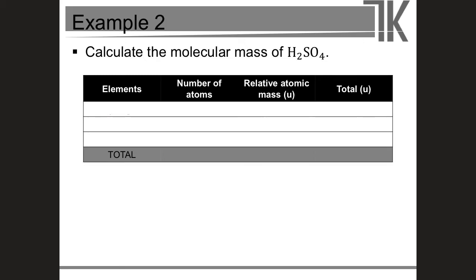So calculate the molecular mass of sulfuric acid. So we have got 2 hydrogens, we've got 1 sulfur, and we have got 4 oxygens. And then if we look on our periodic table, we can see the relative atomic mass of hydrogen is 1.0, relative atomic mass of sulfur is 32.1, and the relative atomic mass of oxygen is 16.0.